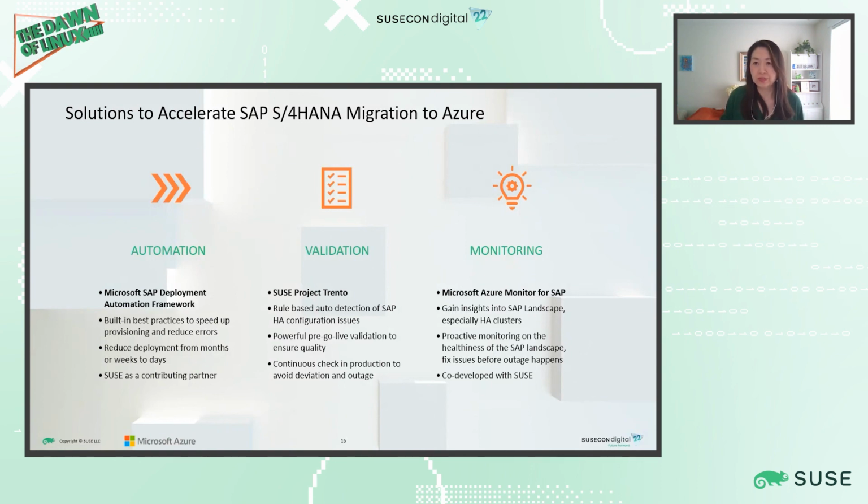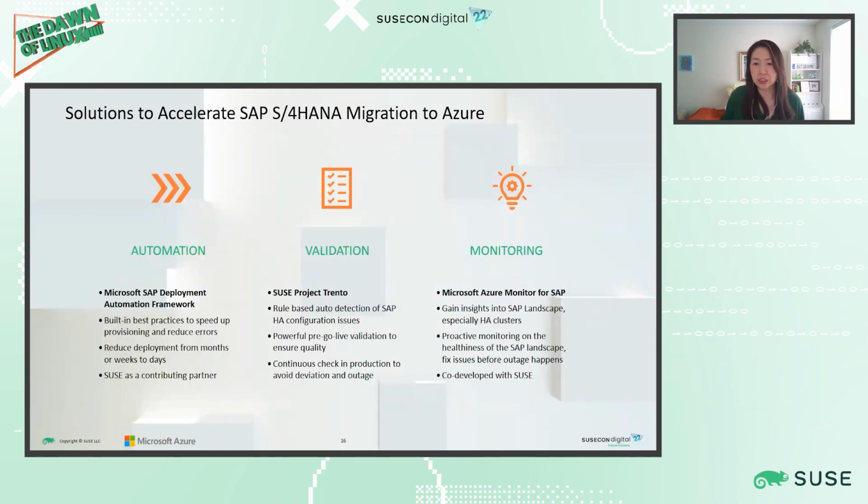And after go live, in day two operations, especially after changes have been made in the SAP environment, you can also use it to validate the configuration to avoid deviation that may cause an outage eventually.